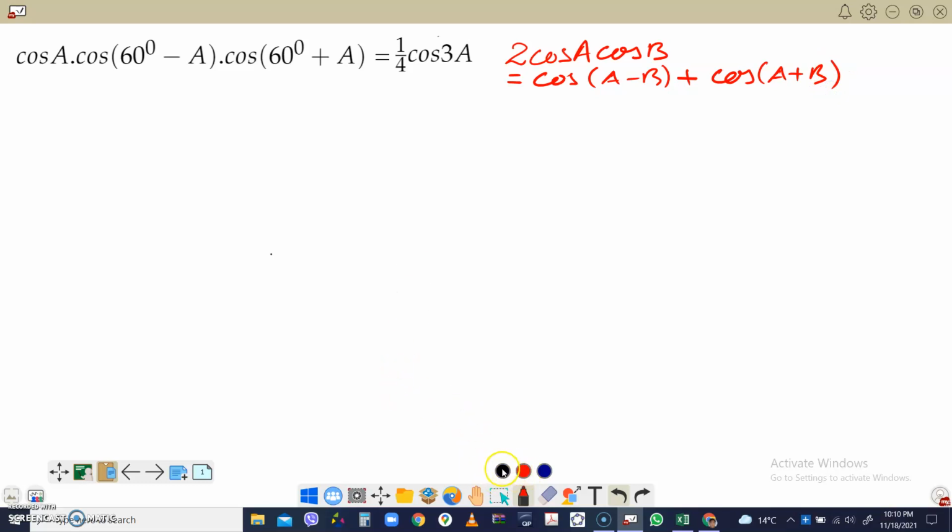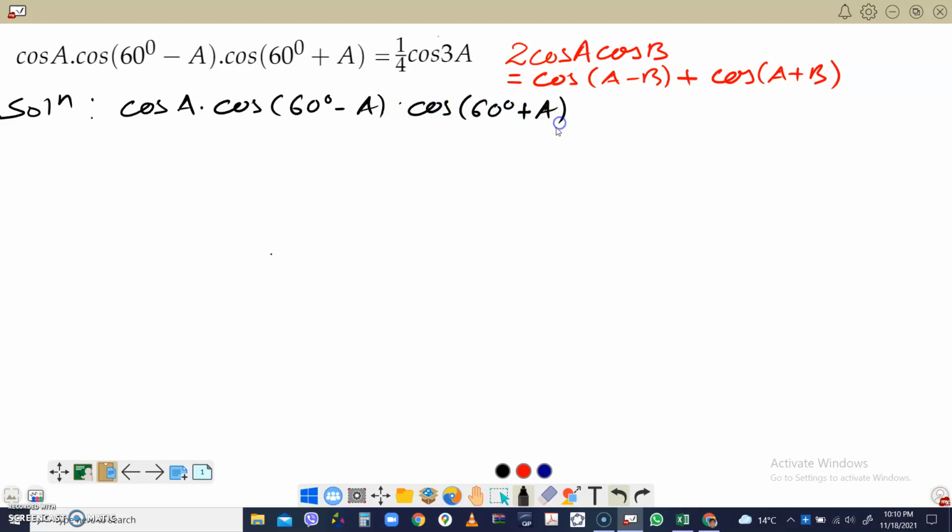So let's start to prove this by taking the LHS. Solution: we are given cos A multiplied by cos(60° − A), then cos(60° + A).